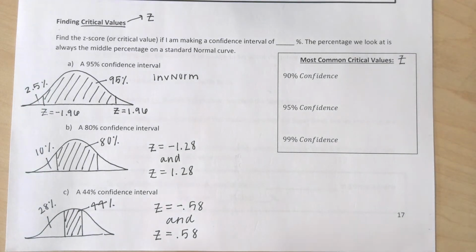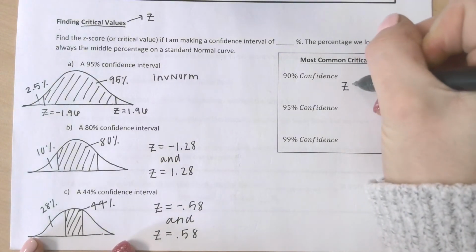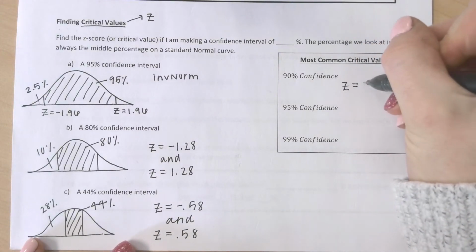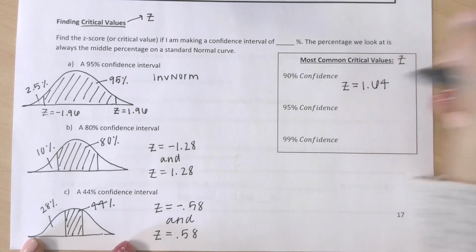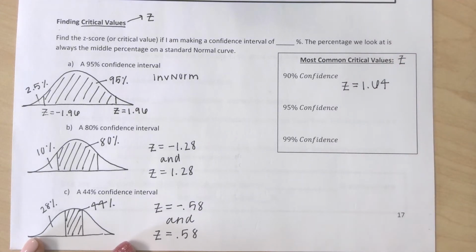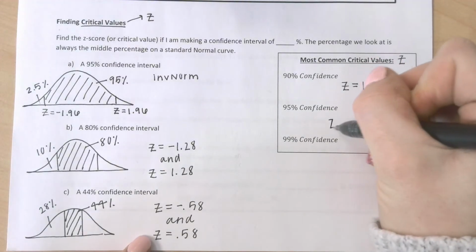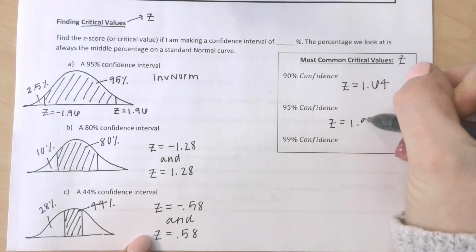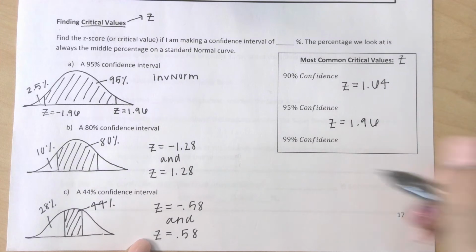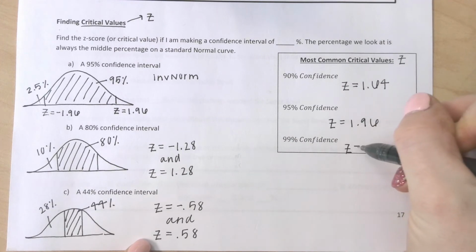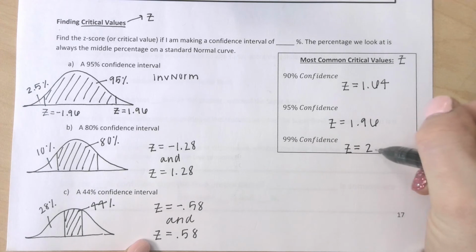Okay, if you see 90% confidence, your z-score is 1.64. And I'm just going to be using the positive one here. 95%, we just found in part A that was 1.96. And 99% confidence is all the way at 2.58.